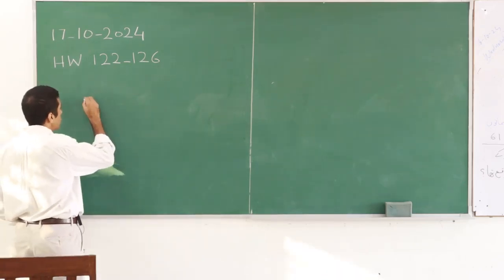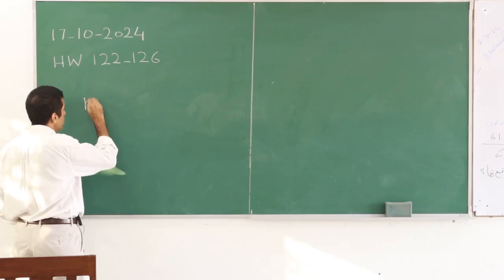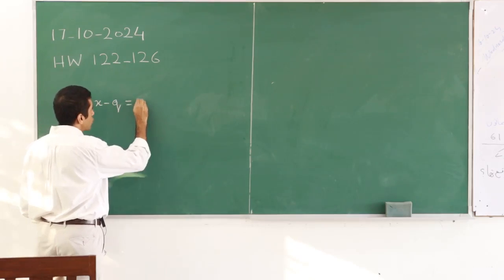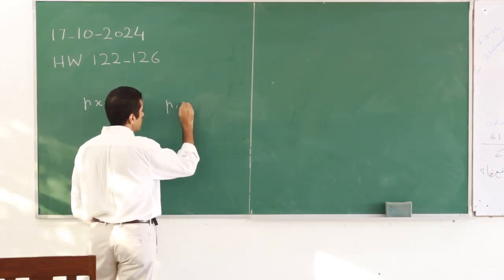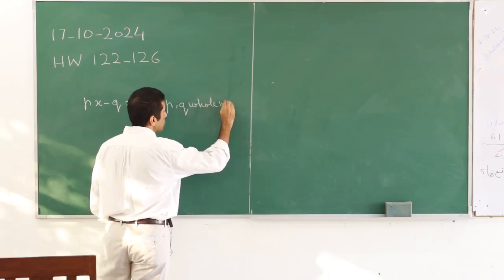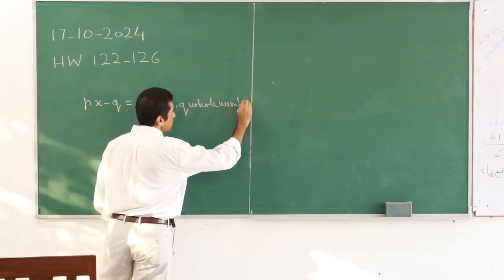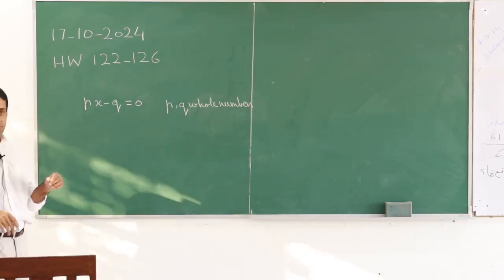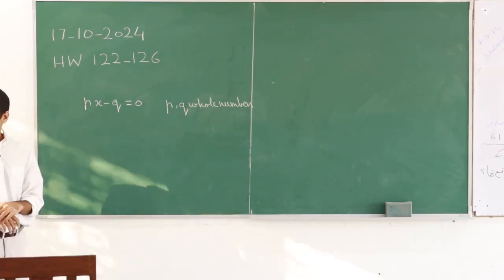So if you have two numbers p and q, consider px minus q, where p and q are whole numbers. I'm telling you this by the way. So this is an algebraic equation with natural numbers as coefficients.